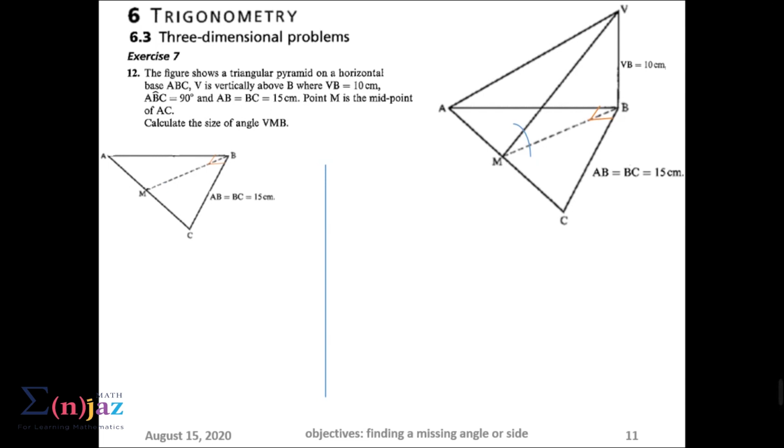As you can see, the angle ABC is equal to 90 degrees. This is my unknown angle in the big triangle ABC.